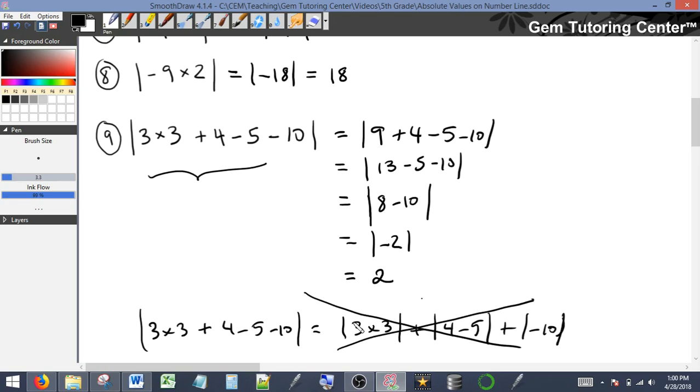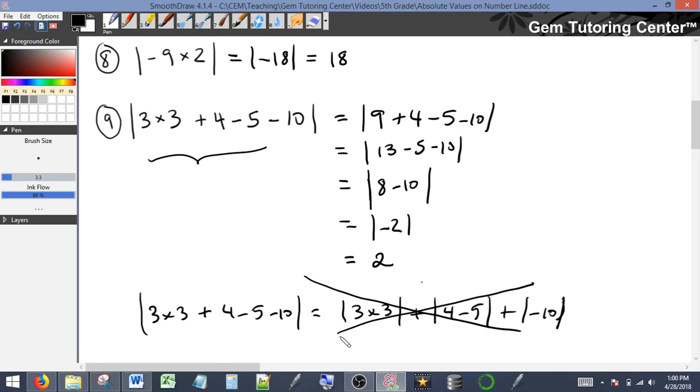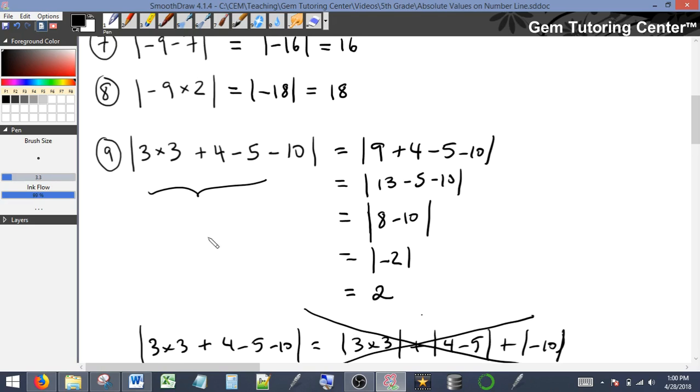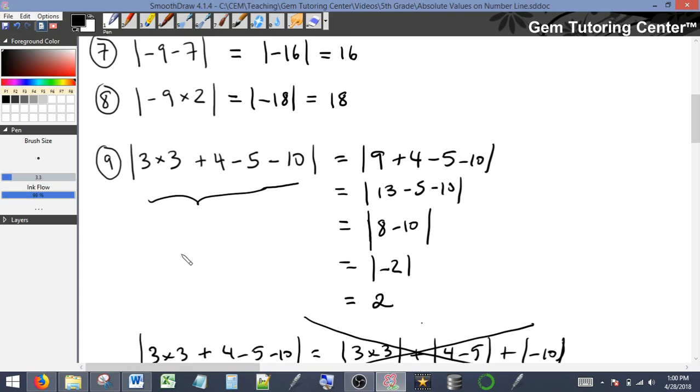This could give you the wrong answer. So the better way, the right way, the correct way, is to evaluate everything first. Evaluate the expression inside first, and then take the absolute value.